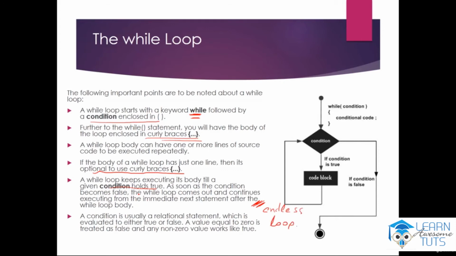If the condition holds true forever and never becomes false, then the while loop continues to be executed again and again without stopping. In this case we have a bug that keeps our program stuck. It's something that we should consider when we are trying to debug our program.